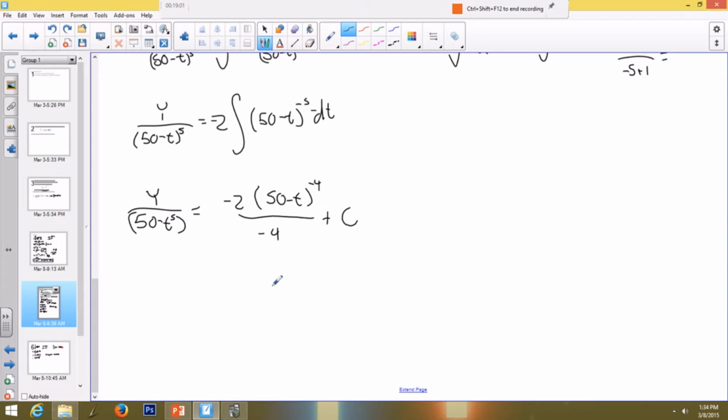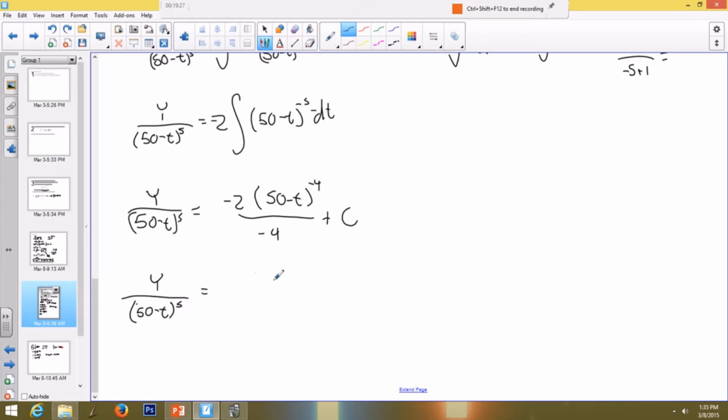Okay, so let's simplify here, this becomes 2 on the bottom, and I get a negative 4. So let's just write it one more time so that we're not skipping steps. I've got y over 50 minus t all to the fifth, and this one is incorrect because I put my parenthesis before I put my t. So let's make sure we keep that straight the whole way.